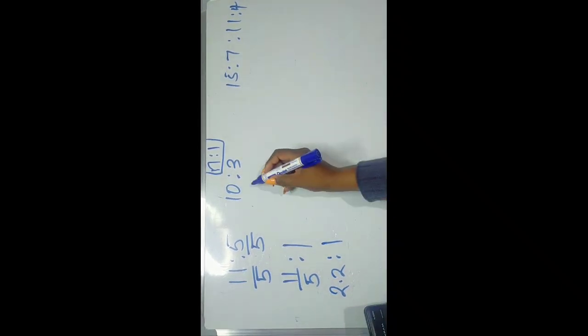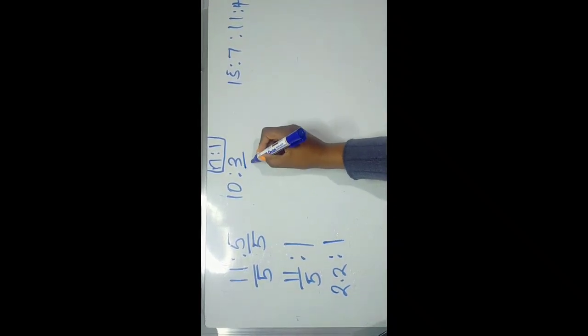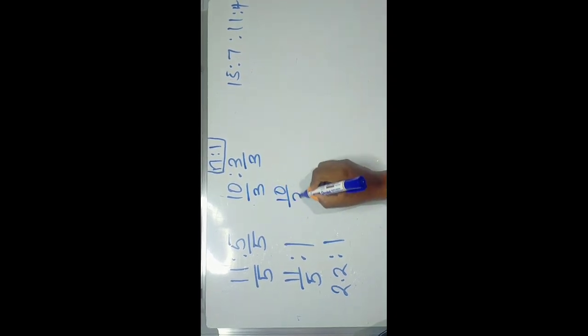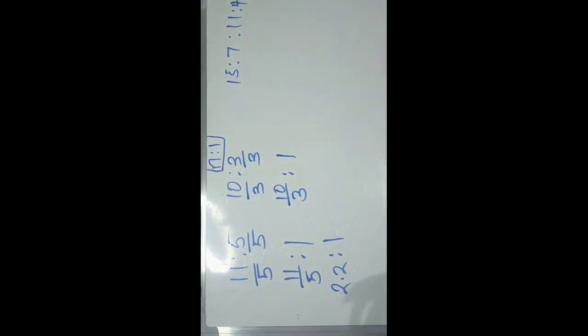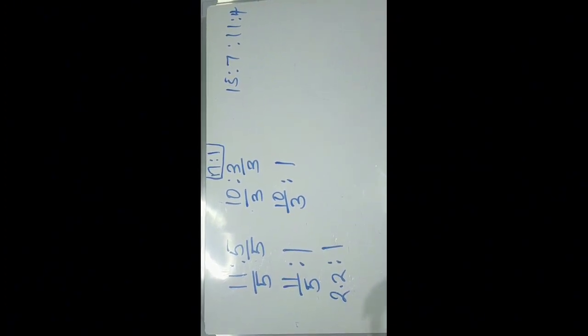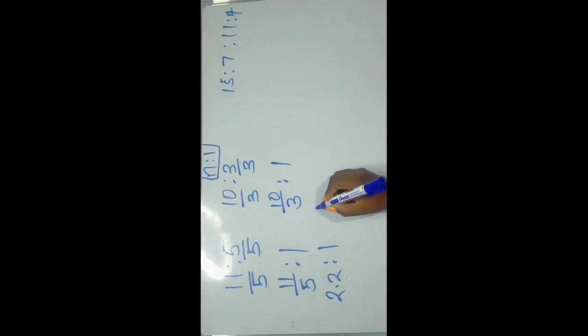Then this other one here we divide by 3, so that we have 10 over 3 is to 1, and 10 over 3 in decimals is 3.33 recurring.